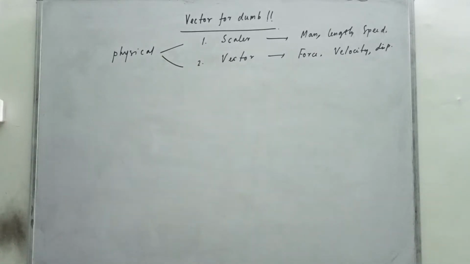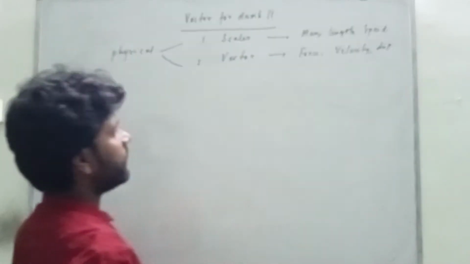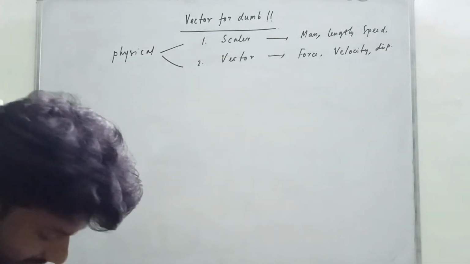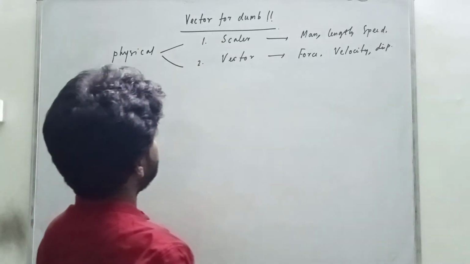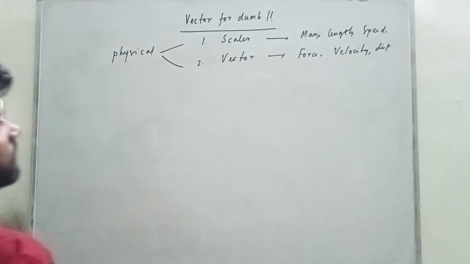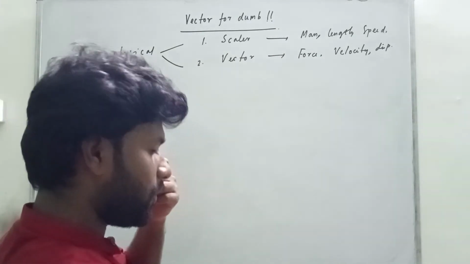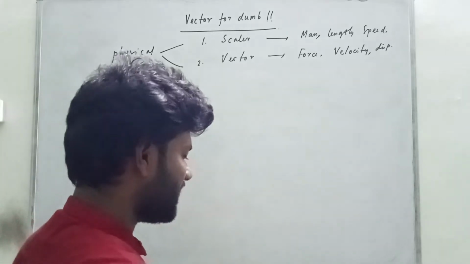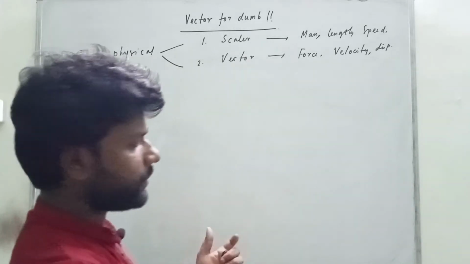Okay. And if I ask you the difference between scalars and vectors, hopefully all of you can tell me that a scalar quantity means a quantity which has just magnitude, I mean values.